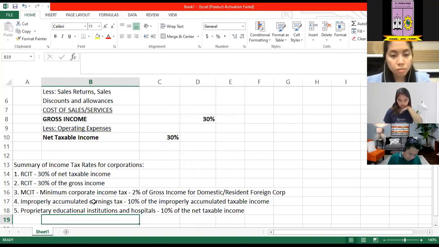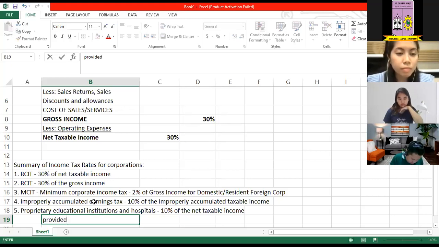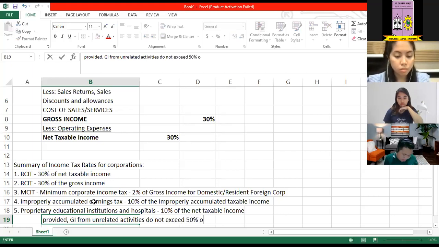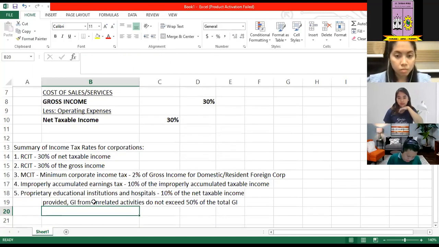Okay? So, dapat provided gross income from unrelated activities do not exceed 50% of the total gross income.